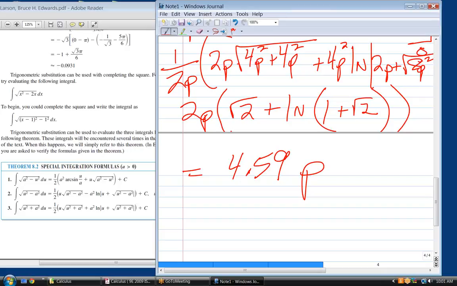And the reason is that the integral is the square root of 1 plus some function's derivative squared. And I remember them saying that there aren't very many functions where, if you take the derivative, square it, add 1 to it, and take the square root, it's going to be very easy to integrate.